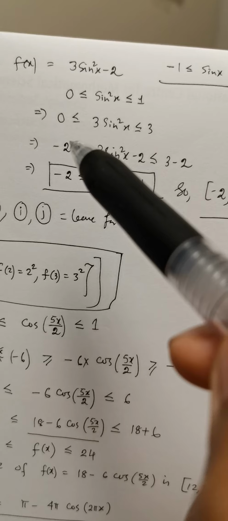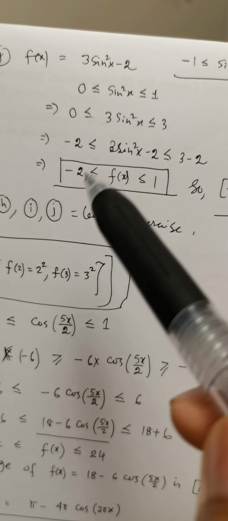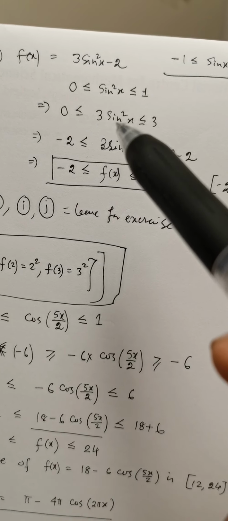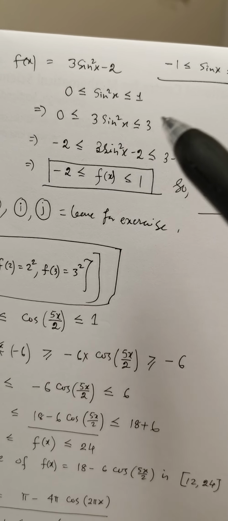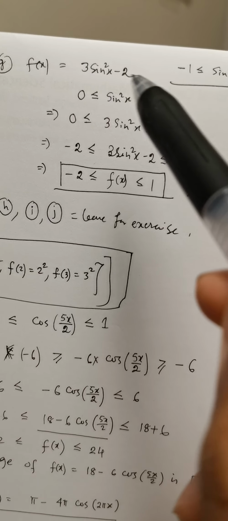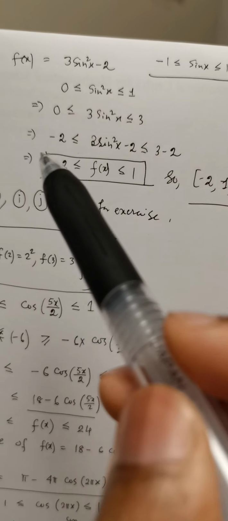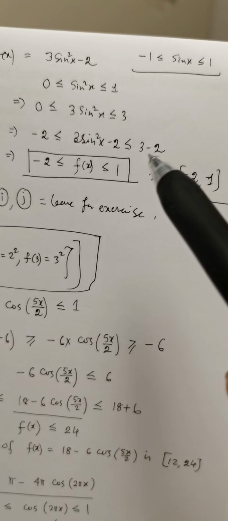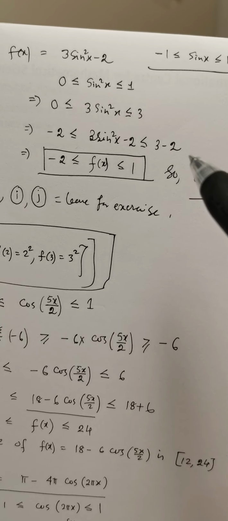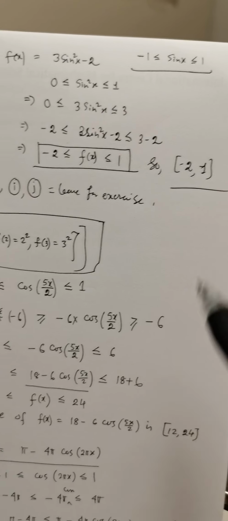Now for 3 sine square x, I multiply all sides by 3: 0 less than or equal to 3 sine square x less than or equal to 3 times 1, which is 3. And now they ask for the minus 2 as well, so add -2 to all sides and you get -2 less than or equal to 3 sine square x minus 2 less than or equal to 3 minus 2. So the range is -2 comma 1.